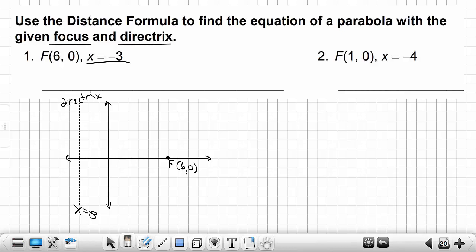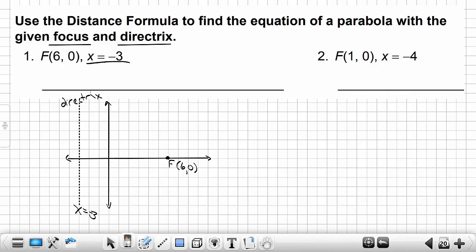But we can also determine something else super easy, which is what? Holly? The vertex. Where's the vertex? Between the two. Okay? So what is exactly between these two? Careful.